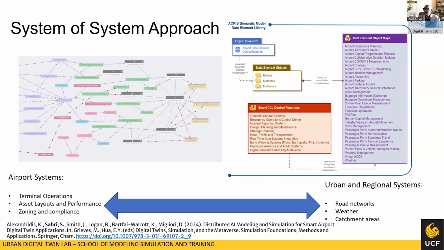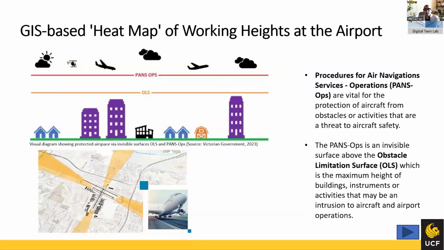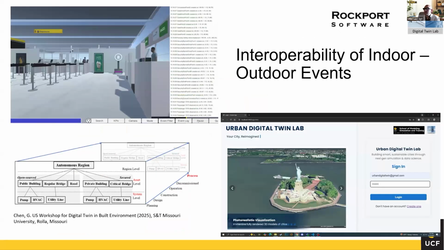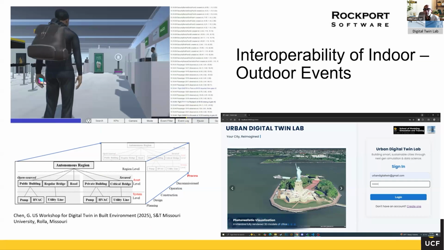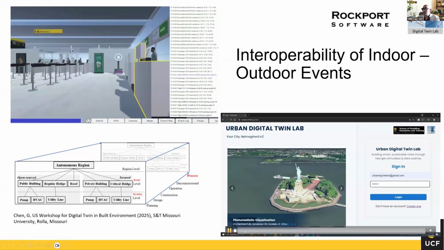So with that, we provided a conceptual framework, and we try to address issues related to operations outside the airport and inside, including things related to the obstacle limitation surface, the urban traffic impact, the indoor terminal operations, the weather, and so on and so forth. So we can actually connect the movement of the people in the indoor area with the aspects related to the outdoor area.